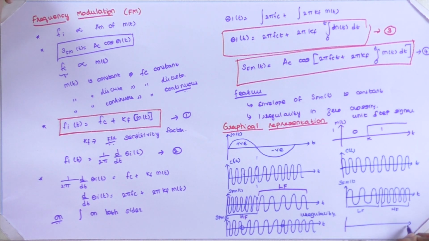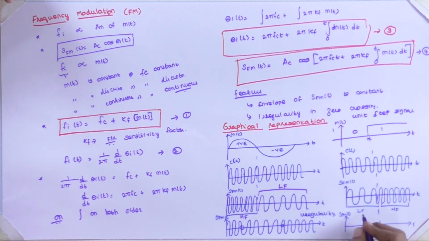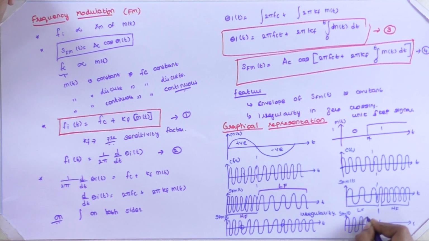In the phase modulated wave, S PM of t, this is our changeover period. Until this point the constant frequency is maintained.